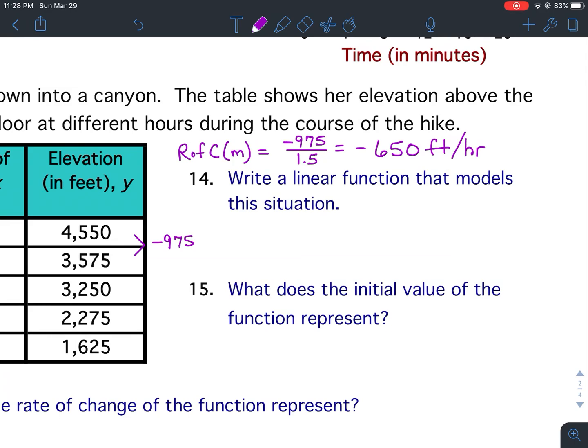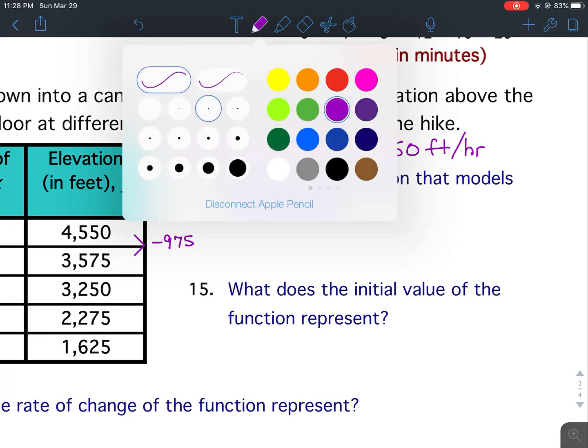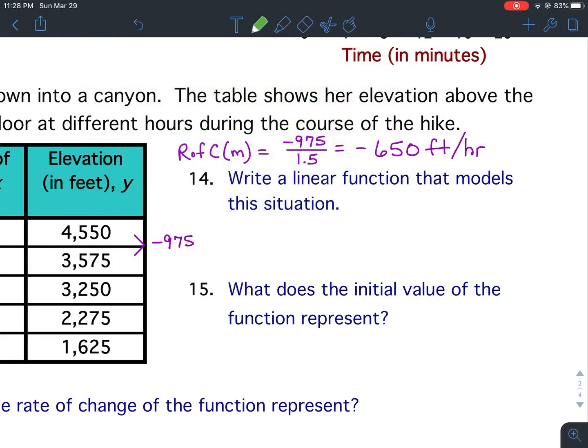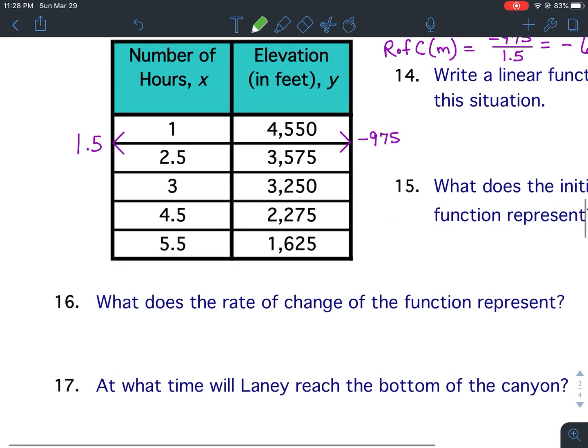Okay, the next thing we need to find is the initial value. Now, before we do that, let's write this down here. So your initial value, which is your y-intercept, is the value of y when x is 1 minus the slope.